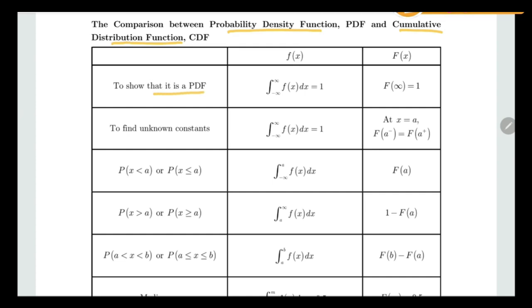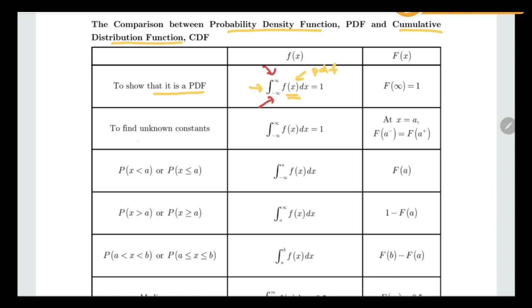For the first part, to show that it is a PDF: when the question asks to show that it is the PDF, you have to remember the properties of the continuous random variable. You need to integrate the PDF function from the lowest limit up until the uppermost limit, depending on the question.